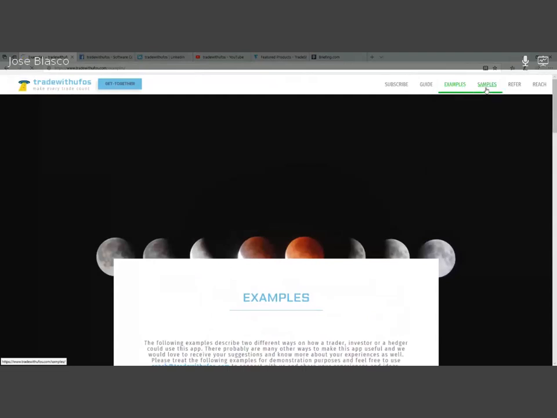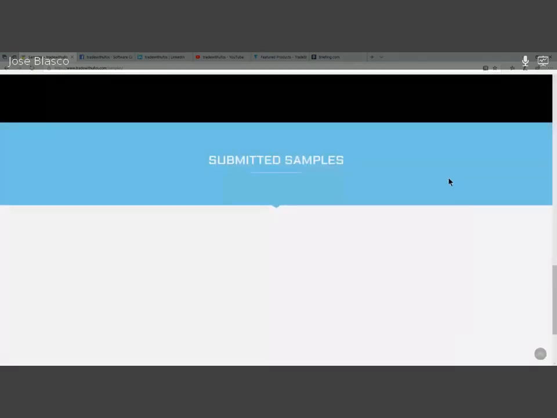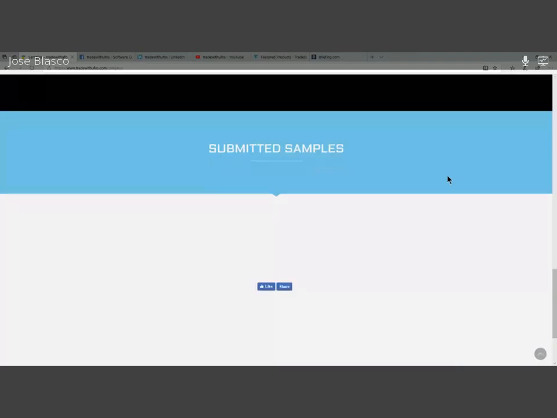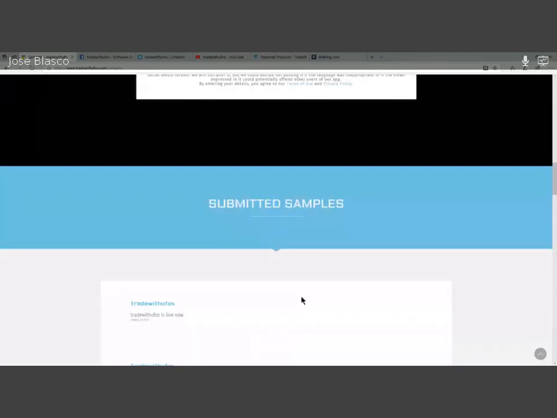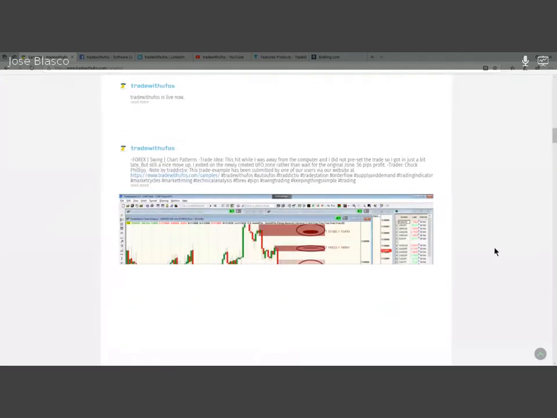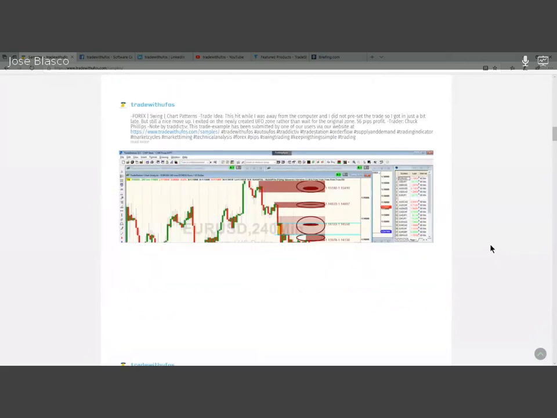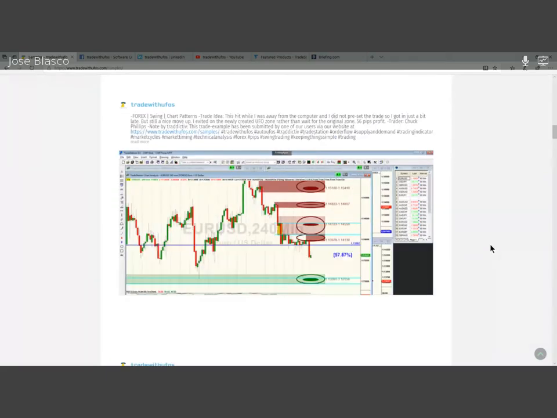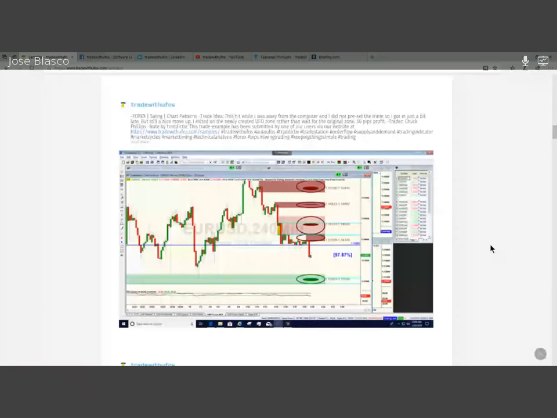Also, the samples, which is a section where our users are posting and sharing trade examples, trades that they have executed themselves, that show up here on the website. Here we go, now it's coming. So the trade examples are showing up here, and you can see some of those trades that you could use as an example on how to use the tool. It would also help you to be able to use the tool more efficiently. But also, if you are still in the process of putting your trading plan in place, all those trade examples may be a great motivation, a great inspiration for you to design and define better and more rules on how to trade.